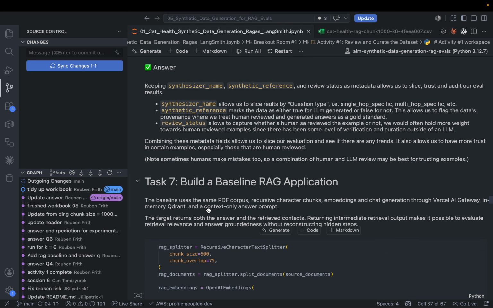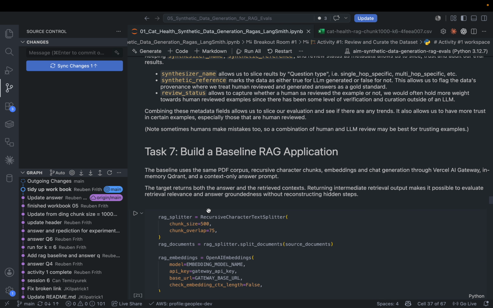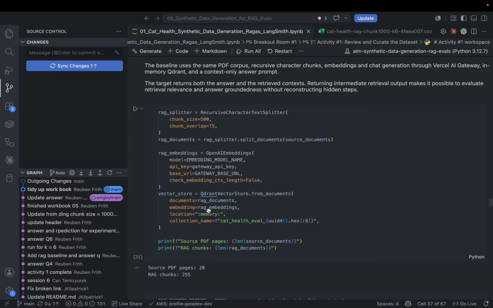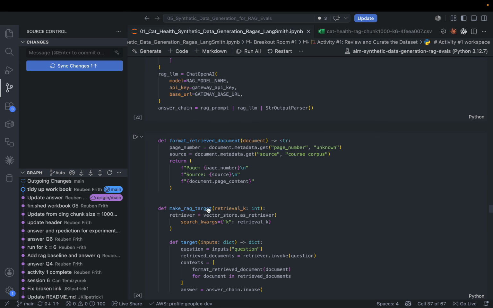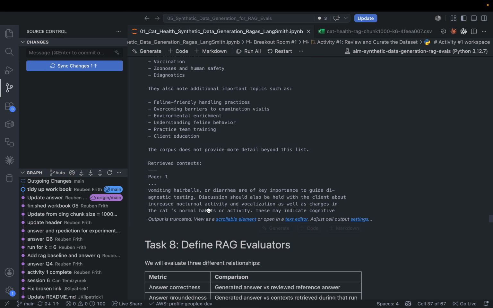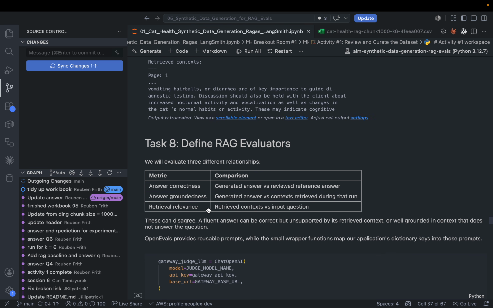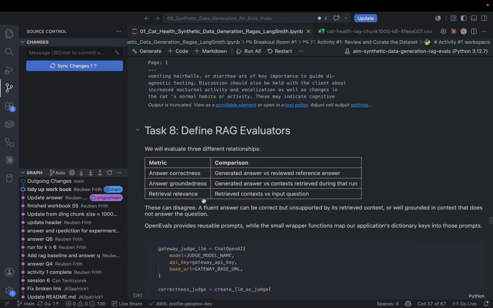So moving on, we then have essentially our question, answers, and context, and then using that we can test our RAG pipeline. So in the RAGAS framework that was used, the metrics we focused on were answer correctness, answer groundedness, and retrieval relevance.